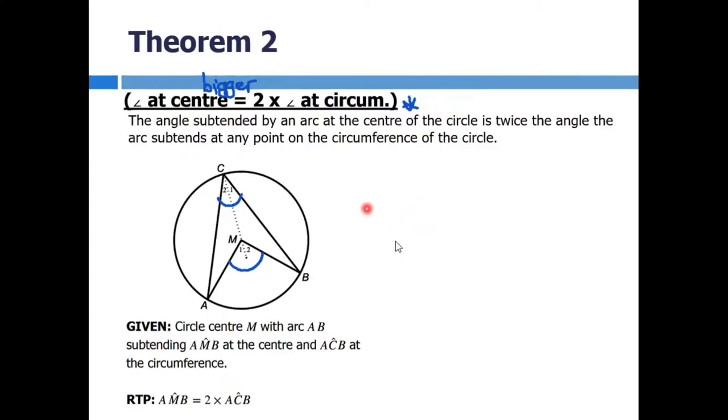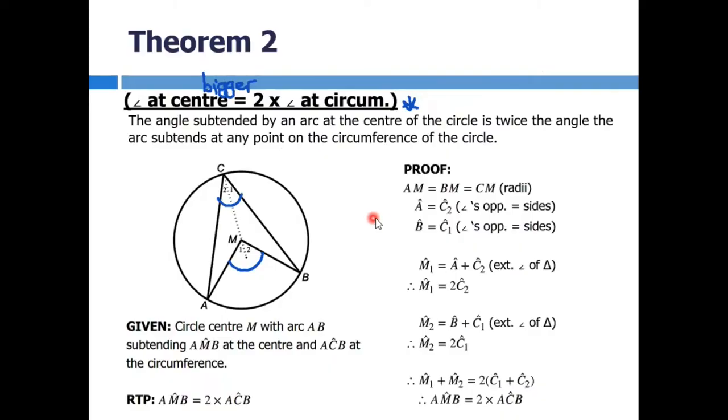Okay, so this is another one where they're going to give you the proof of the theorem. So you can see here, they're first talking about AM equals BM equals CM. So what they've done, again, please remember your construction.